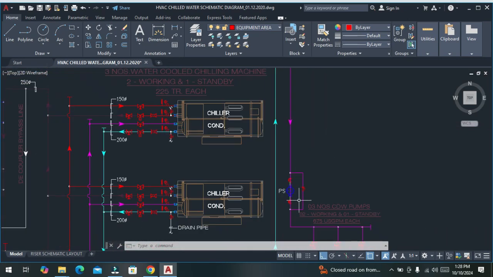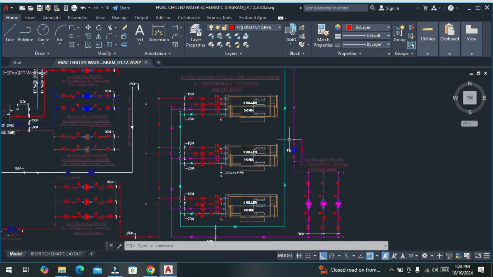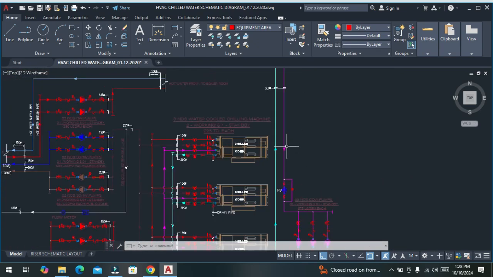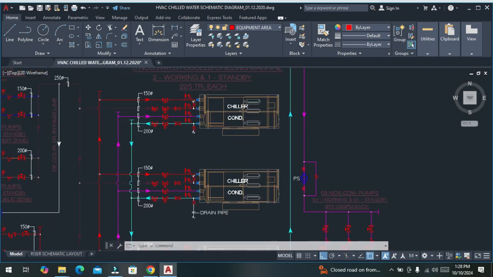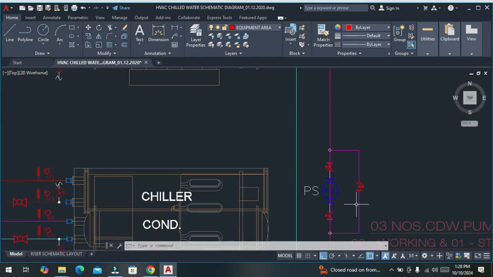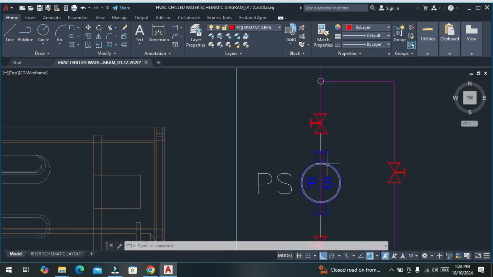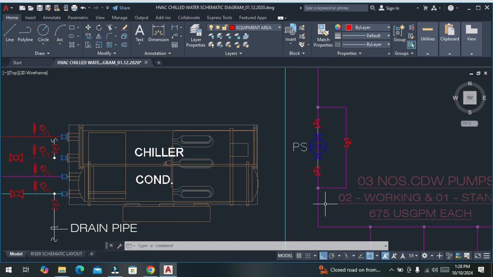Here we have a pot strainer. This strainer will strain any physical contaminated debris, because the tower is open. That's why we have a pot strainer, and on both sides we have isolator valves, and one bypass line.